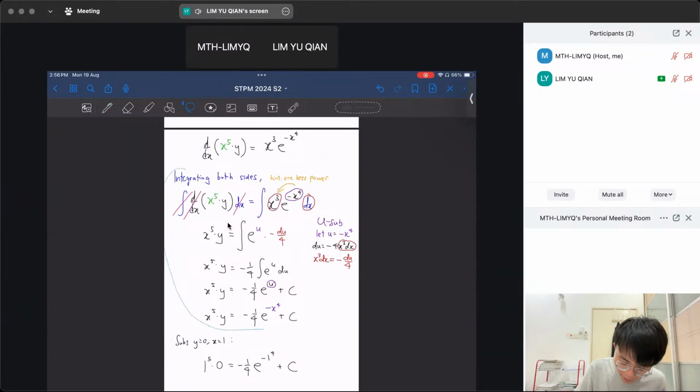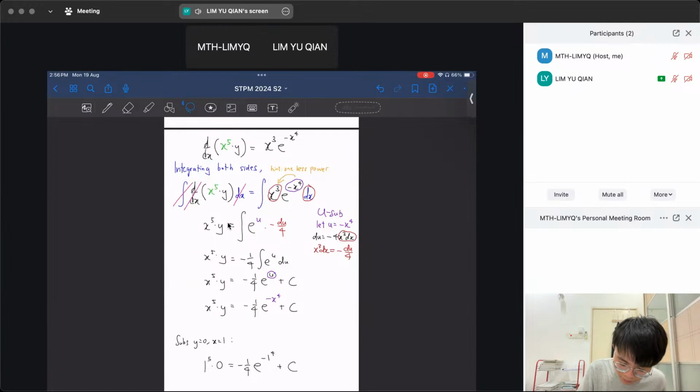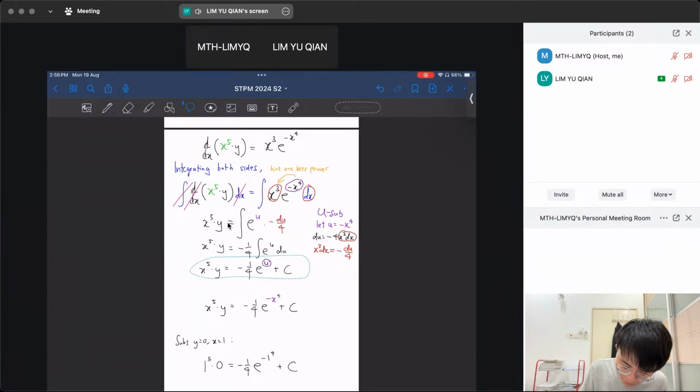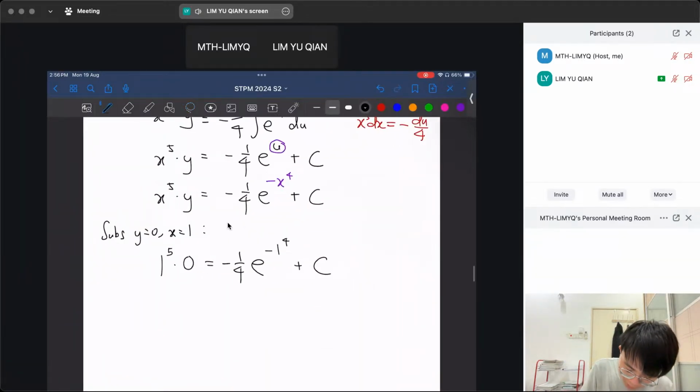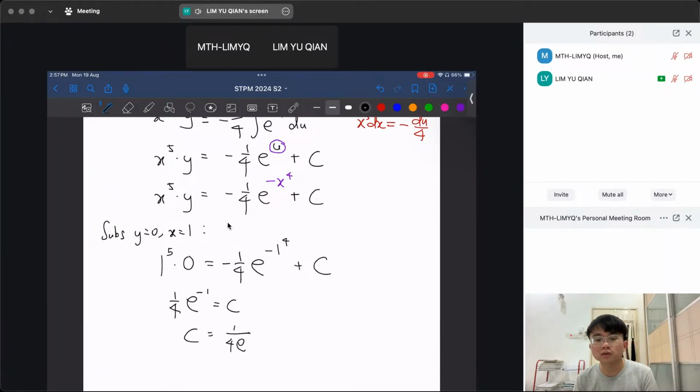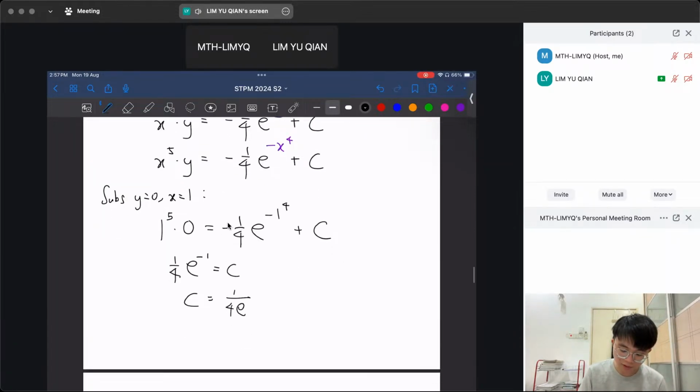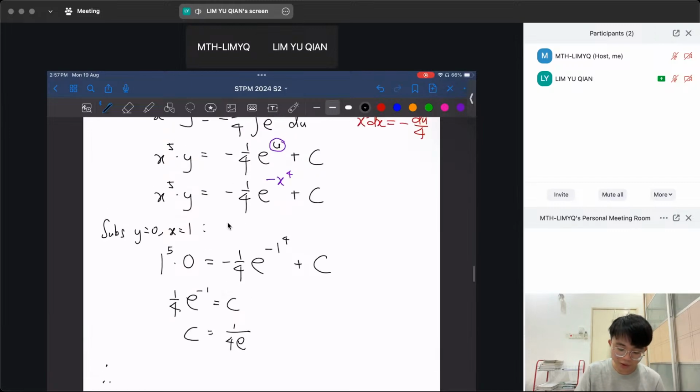This should be enough to finish. Substitute in: moving across, positive 1 over 4 equals c times e to the negative 1, so c equals 1 over 4 e. You can write it like this, 1 over 4 e is better. Therefore let's write out the particular solution.